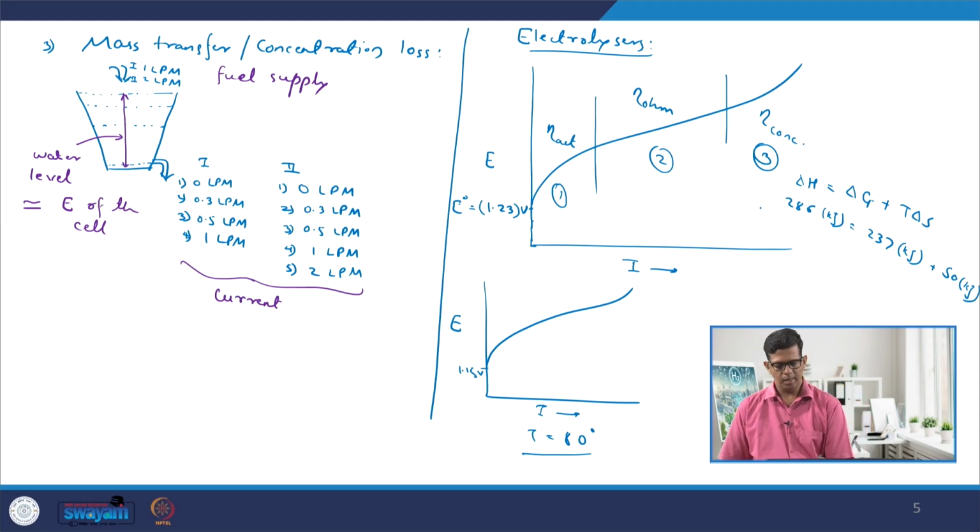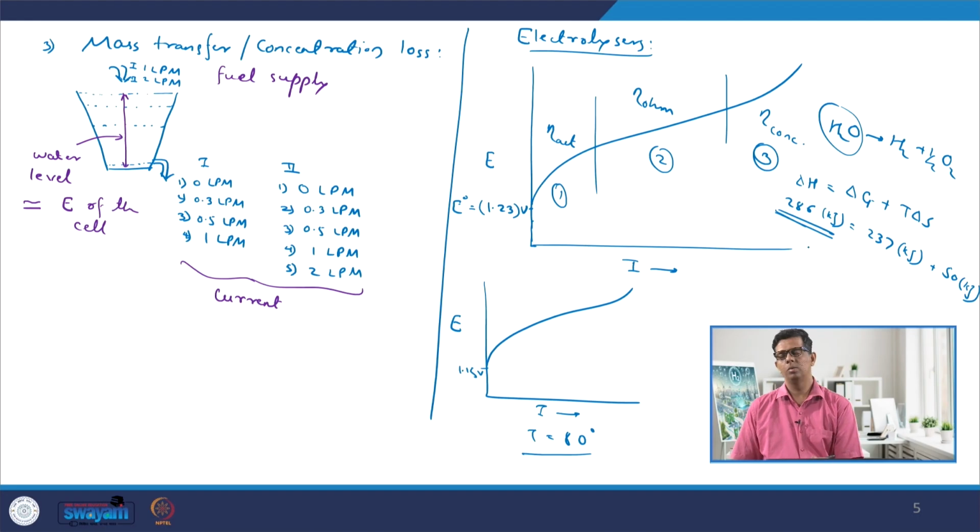So ultimately we have to supply 286 kilojoules of energy if we want to break the water molecule. So this is H2O giving H2 plus O2. If you want to break this water, we have to supply 286 kilojoules of energy. This goes as a measure of electrical energy, and this one is thermal energy.